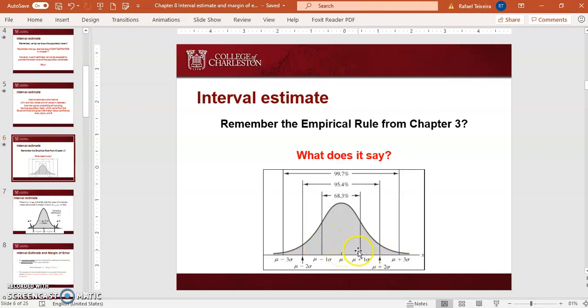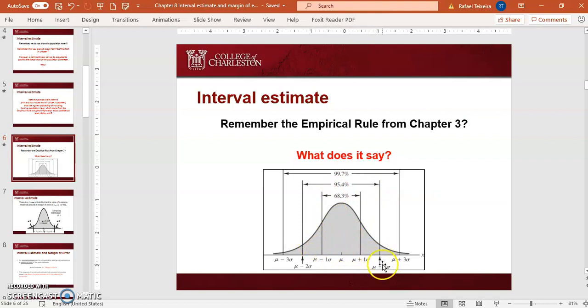And if we add and subtract one standard deviation of the mean, we have 68.3% of all values in the distribution. If we add and subtract two standard deviations, so we get the number 2 multiplied by the standard deviation we computed from the mean, or we get from the population, and we add and subtract from the mean, then we have 95.4% of all values in the distribution.